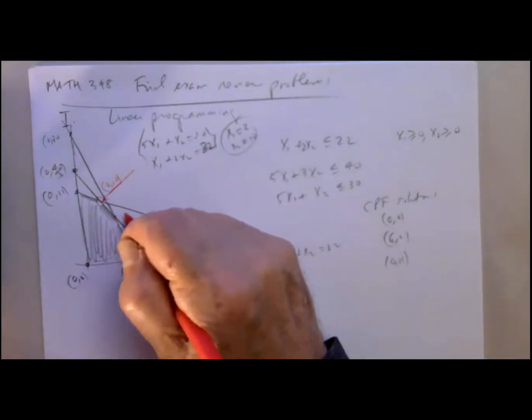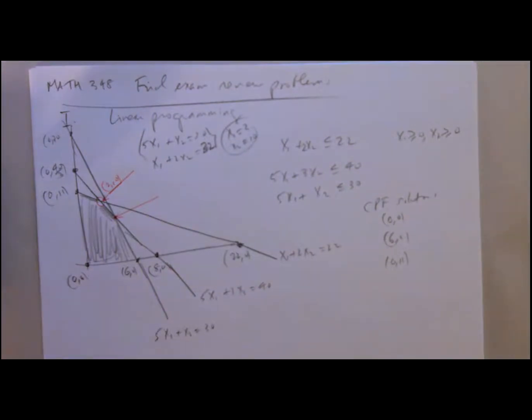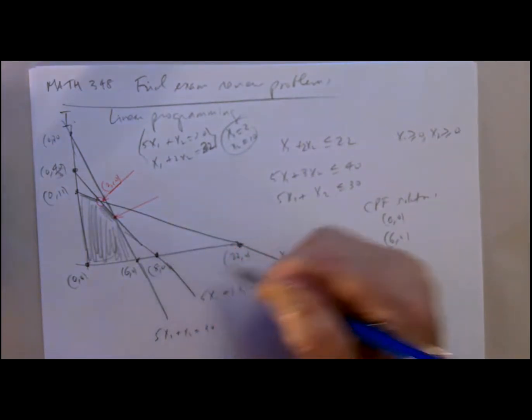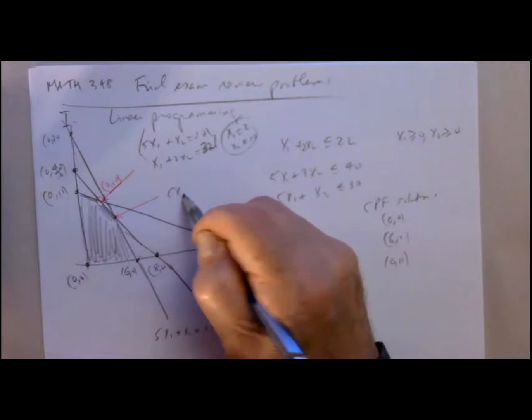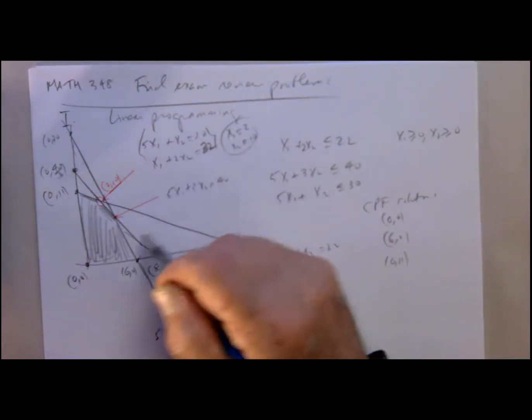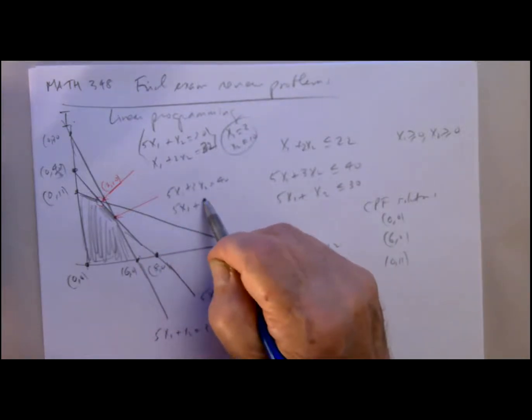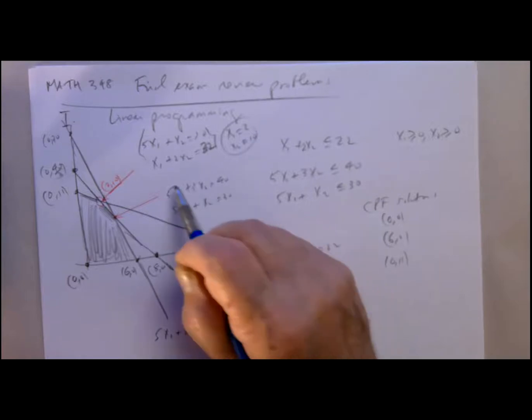What about this point? This point is on the intersection of the line 5x1 plus 3x2 equals 40 and this line, 5x1 plus x2 equals 30.